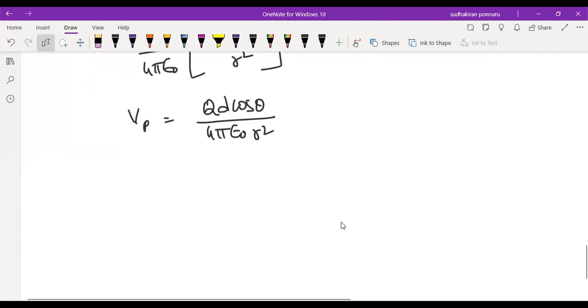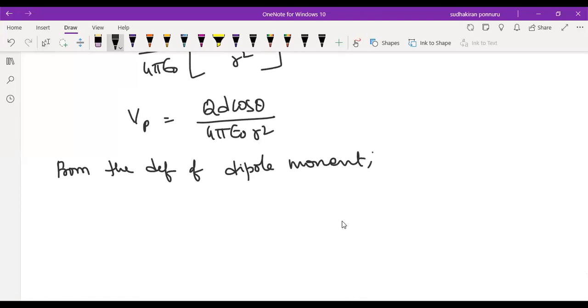From the definition of dipole moment, P is equal to Q into D. In the above expression we have the term Q into D. We are going to replace Q into D with small p.